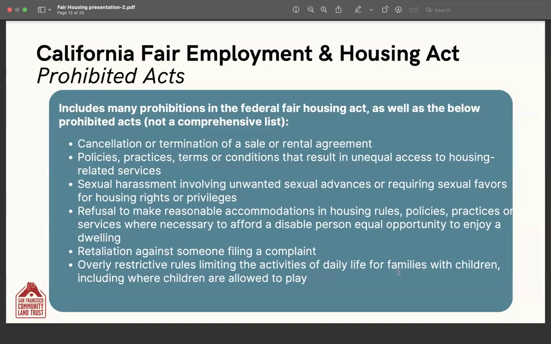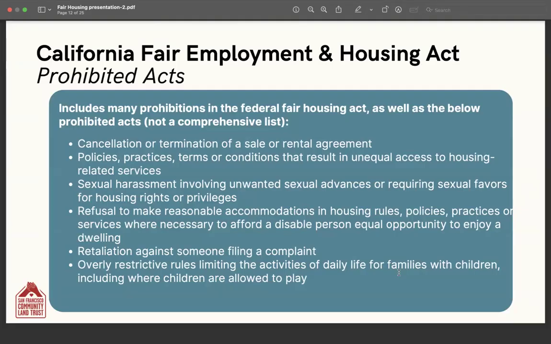But some of the additional prohibited acts in the state law include the cancellation or termination of a sale or rental agreement, policies, practices, terms, or conditions that result in unequal access to housing related services. Sexual harassment is specifically called out. Harassment involving unwanted sexual advances or requiring sexual favors for housing rights or privileges.